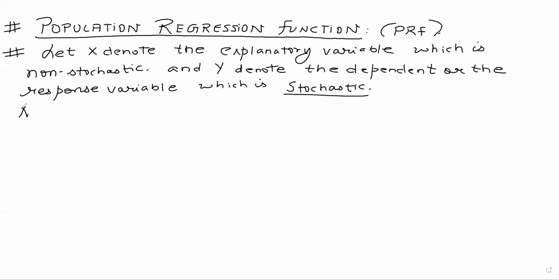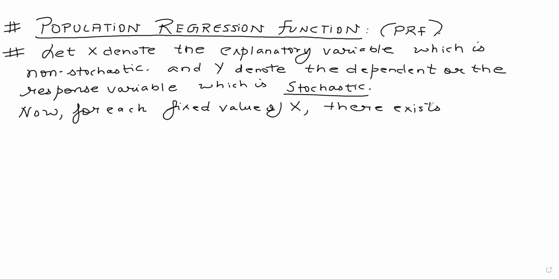So now, for each fixed value of X, there exists a range of possible values of Y. So for each fixed value of X, there exists a range of possible values of Y. So what can I say?